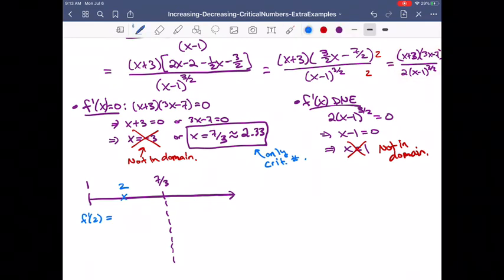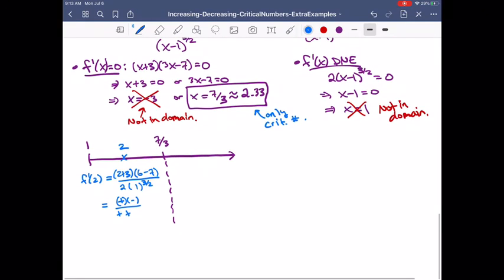So it's 2 plus 3, and then 6 minus 7 over 2 minus 1 to the 3/2. So this is a positive times a negative over a positive times a positive. The top's going to be negative, the bottom's going to be positive. This is going to be a negative number, so we're going to be decreasing.